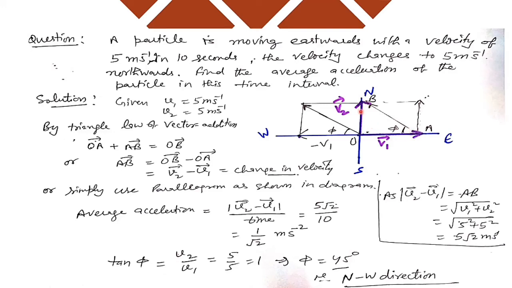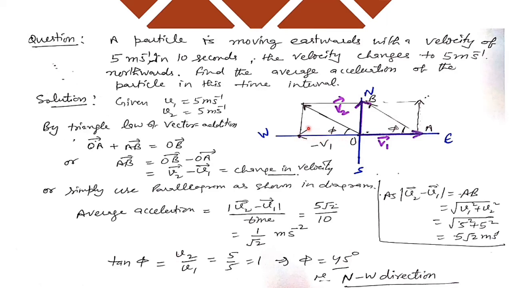You know the formula for the average acceleration, that is change in velocity upon time. So I have to find the magnitude of v2 minus v1. So I have to take the negative of v1. Here it was v1 in the east direction; negative of v1, the magnitude will be the same, 5 meter per second, but the direction will be towards west.